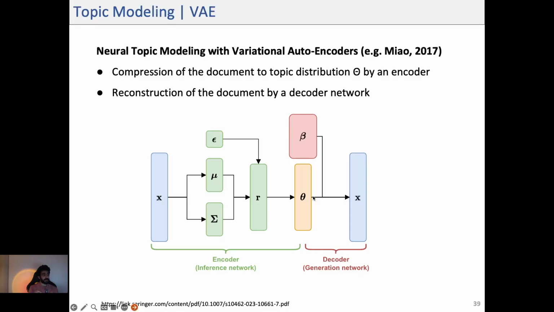The input and output X should match. This happens by minimizing the difference between input and output while we learn meaningful latent topics through theta and beta.